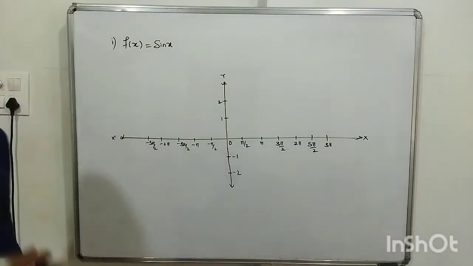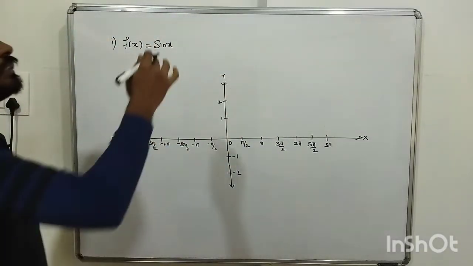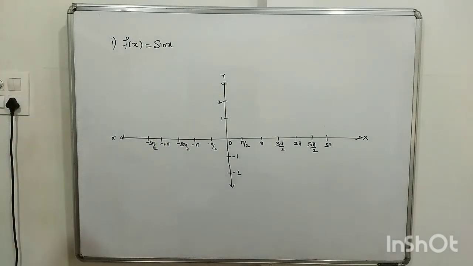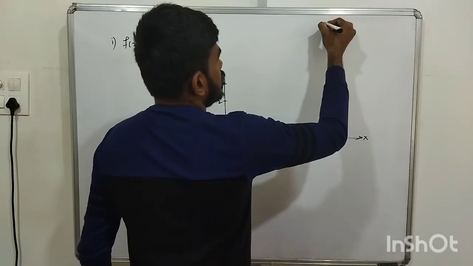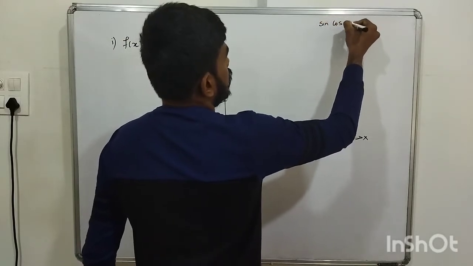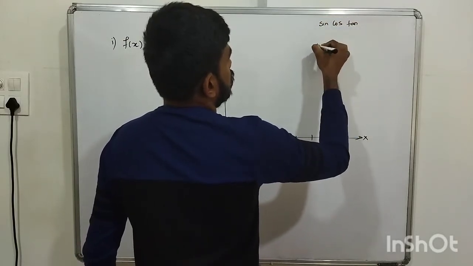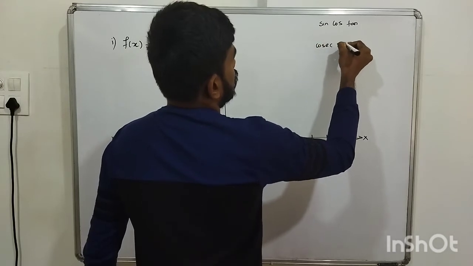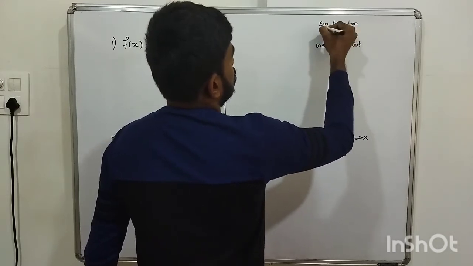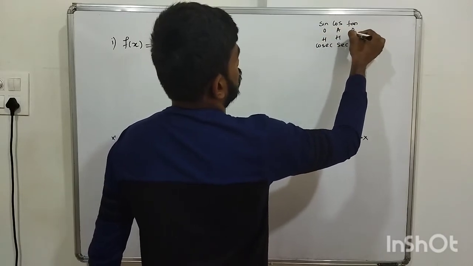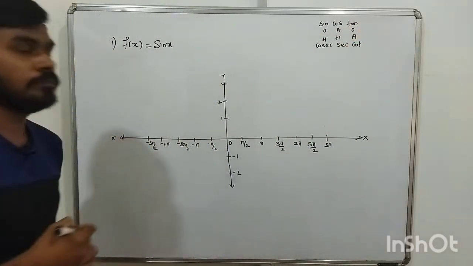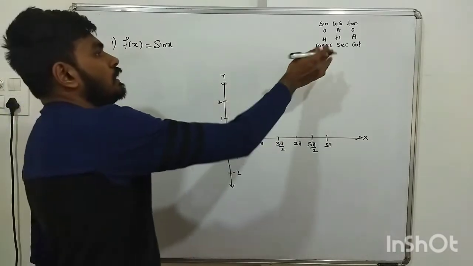Using the triangle, using the ASTC rule, using the OAO, HHE trick, all those things. For example, sine, cos, tan, cosec, sec, cot. From this you can tell any trigonometric ratio.